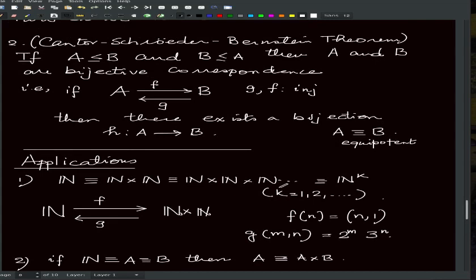So essentially it is a kind of tool towards counting. Counting, we will come back to it, what exactly is counting, when we speak about finite and so on. We will come back to it later on.